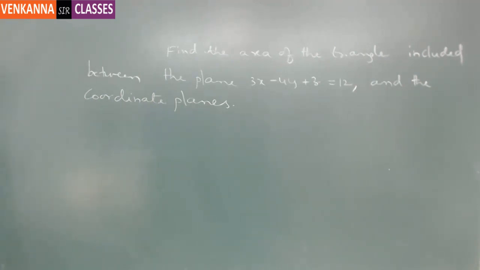Find the area of the triangle included between the plane 3x minus 4y plus z equal to 12 and the coordinate planes. It is very similar to the previous problem. So the thing is, in the earlier one, a plane has made intercepts on the coordinate axes which are nothing but A, B, C.